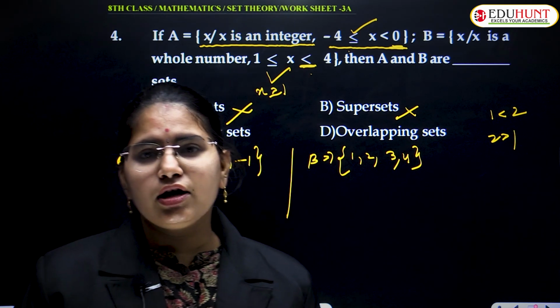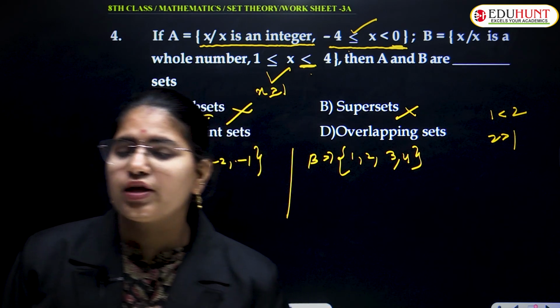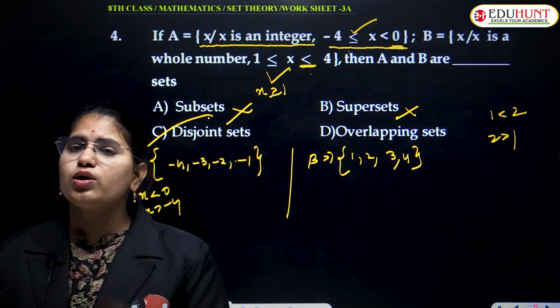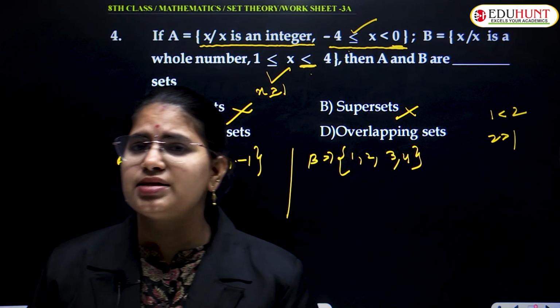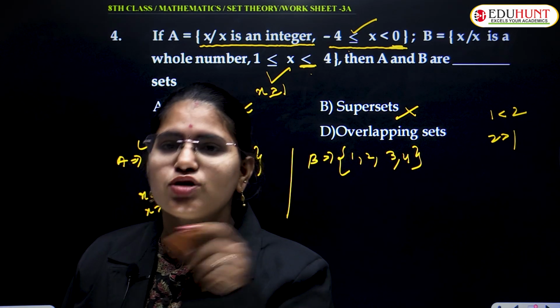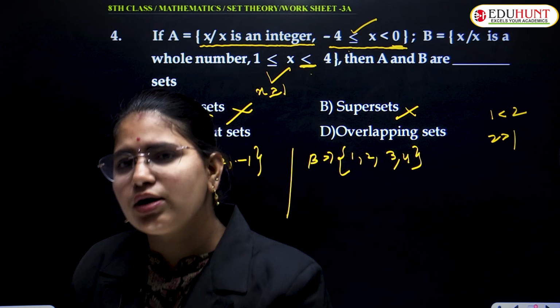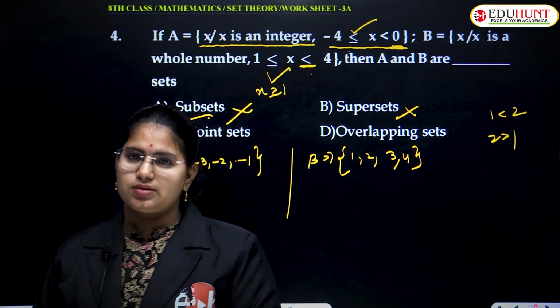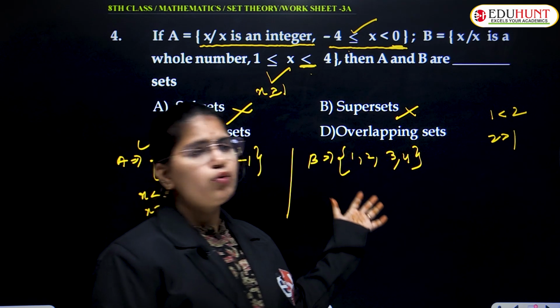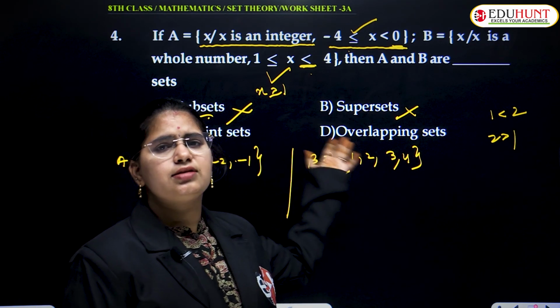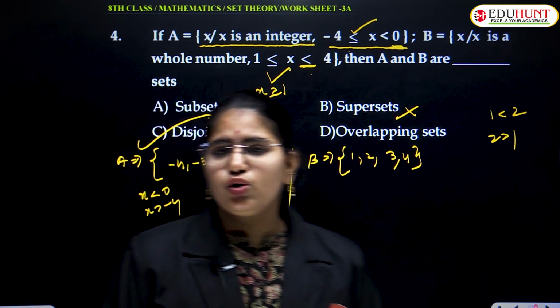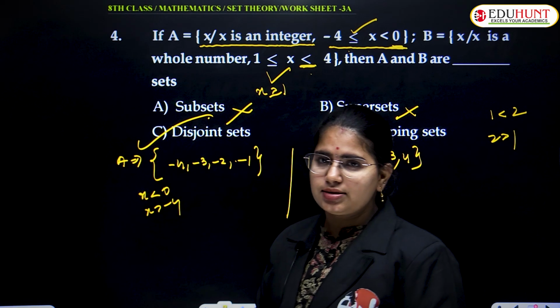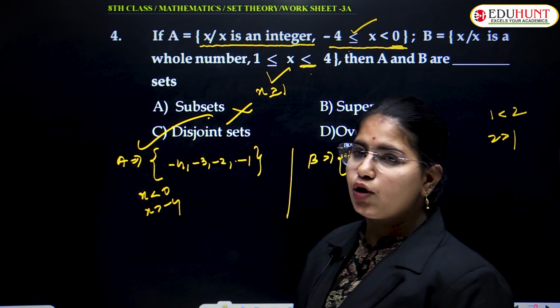If you do not find any common element, such sets are called disjoint sets. If you find at least one common element, such sets are called overlapping sets, correct? If you found any common element, the answer would differ, but we do not find any here. So that is the reason it is an example of disjoint sets.